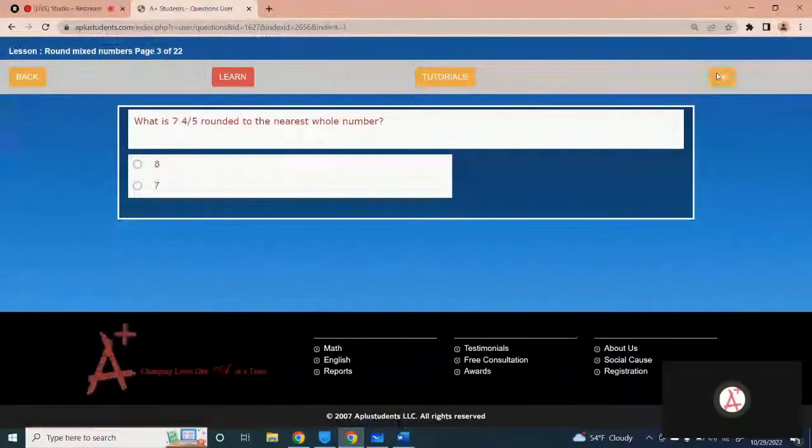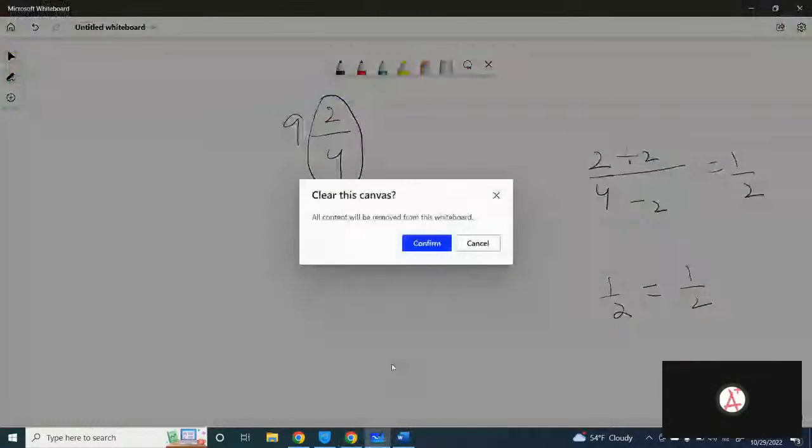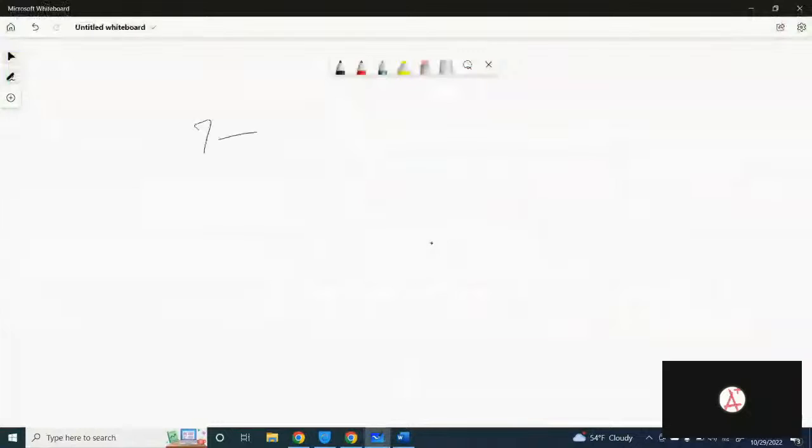So just select the correct option and then click on the OK button. Okay, the next one is what is 7 whole 4 by 5 rounded to the nearest whole number? So you have 4 over 5, just compare 4 over 5 to 1 over 2. 4 over 5 is greater than 1 over 2.